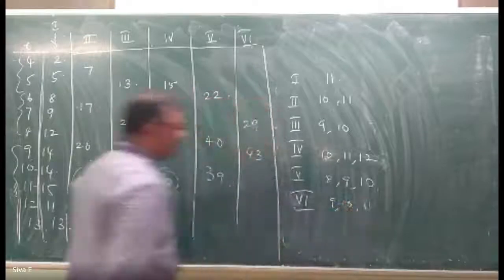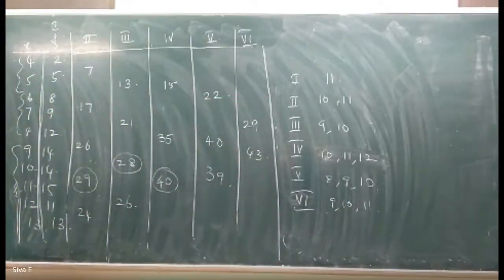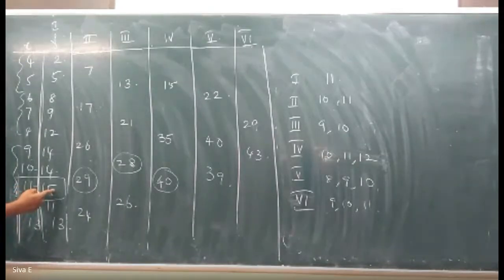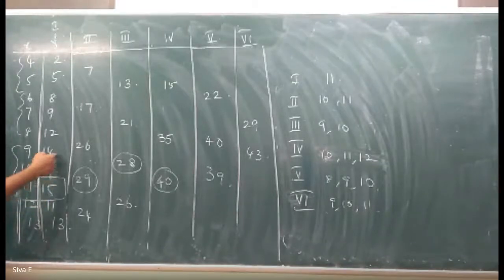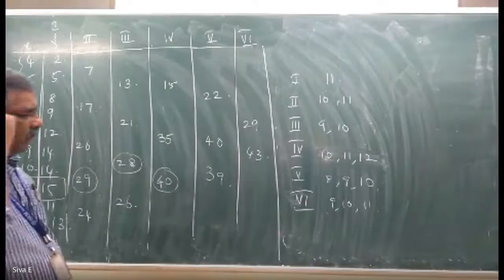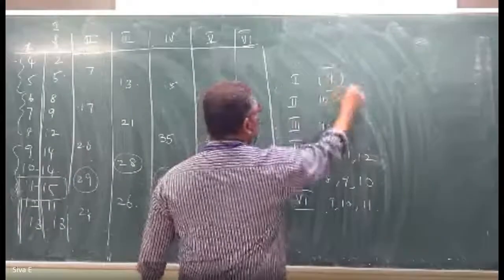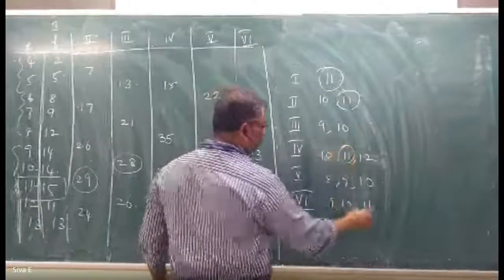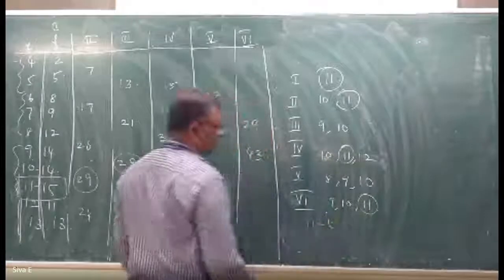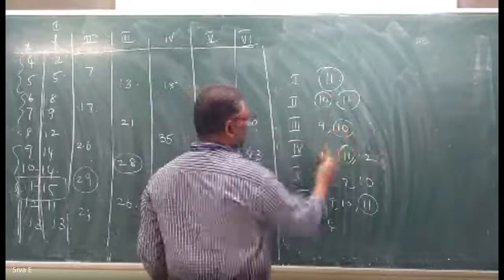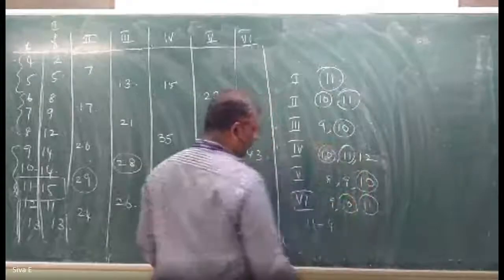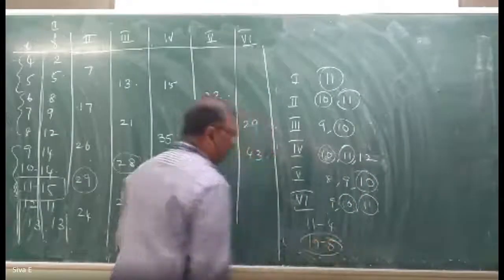Now see that usually when you are seeing it directly, 11 is the mode, because it repeats the maximum number of times. But the neighboring frequency 14 is there. So you have to analyze, then you can say which one is the mode. See here, 11 repeats 4 times. But 10 repeats 5 times.